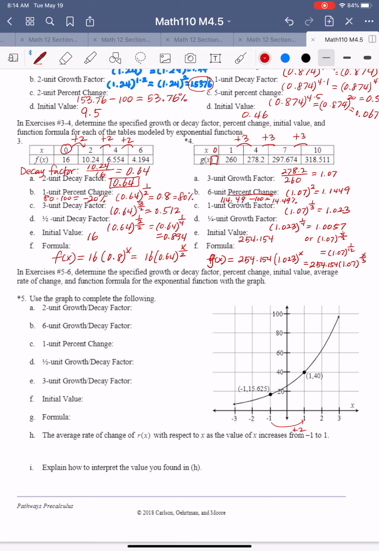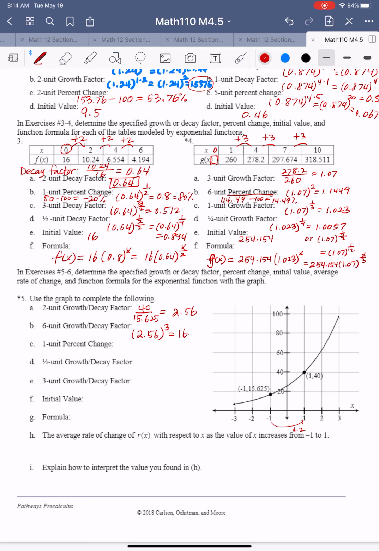So if you pick the 40 and divide by 15.625, then it'll be 2.56. So that is a 2 unit growth factor. So we have 2.56, and then 6 units is 3 times 2, so we just need to cube it.